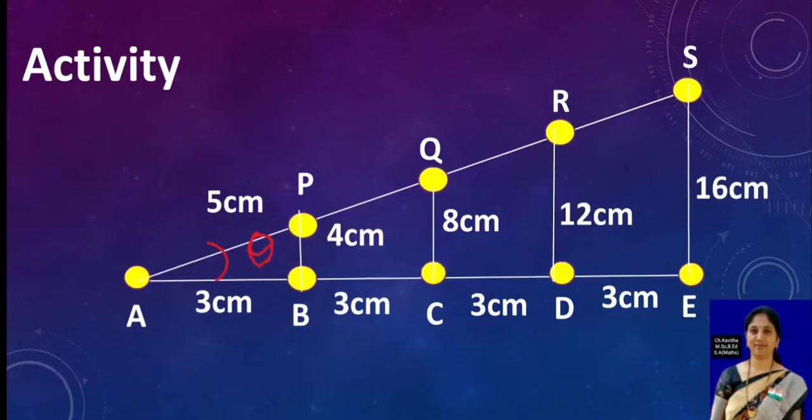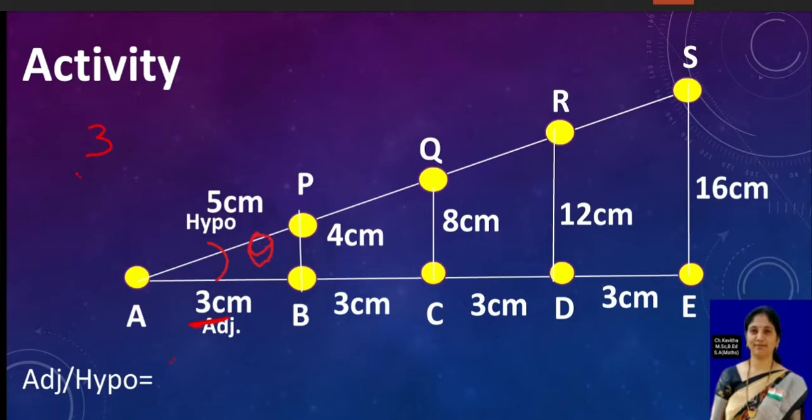Okay. Now see the activity, and now we are considering the hypotenuse and the adjacent. Now we are finding the adjacent by hypotenuse value, the ratio of adjacent and hypotenuse. Here, if you consider this triangle ABP, what is the adjacent value? Here it is 3, and the hypotenuse value is 5.